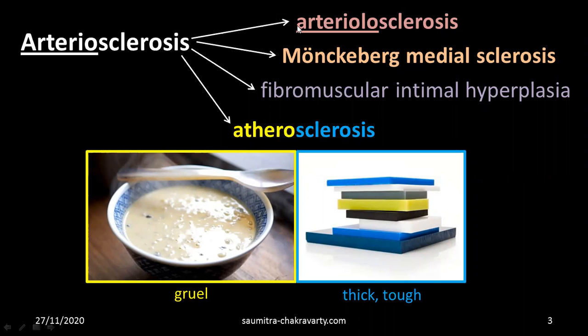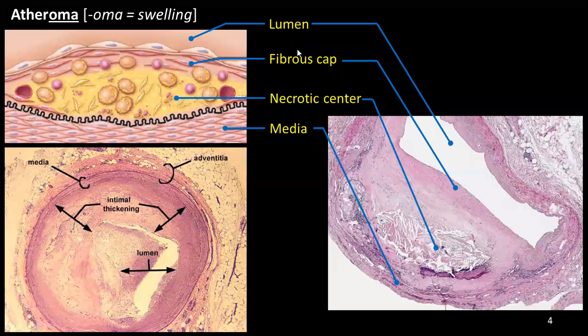Now, this is a microscopic image, and also in the upper left corner there is a diagram of an atheroma. Atheroma comes from athero, the gruel-like material, and oma means swelling.